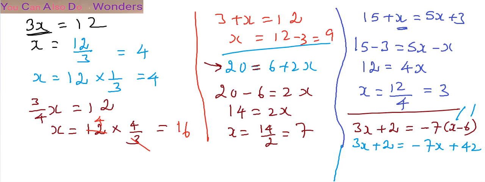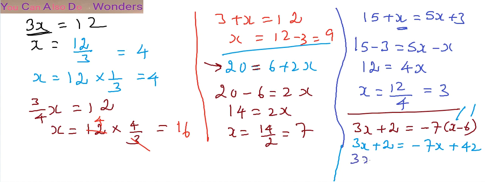Again, as I said, now there are x terms on either side of the equality sign. So move the smaller x term to the other side. Keep in mind, when any term moves from one side to another, the sign changes.